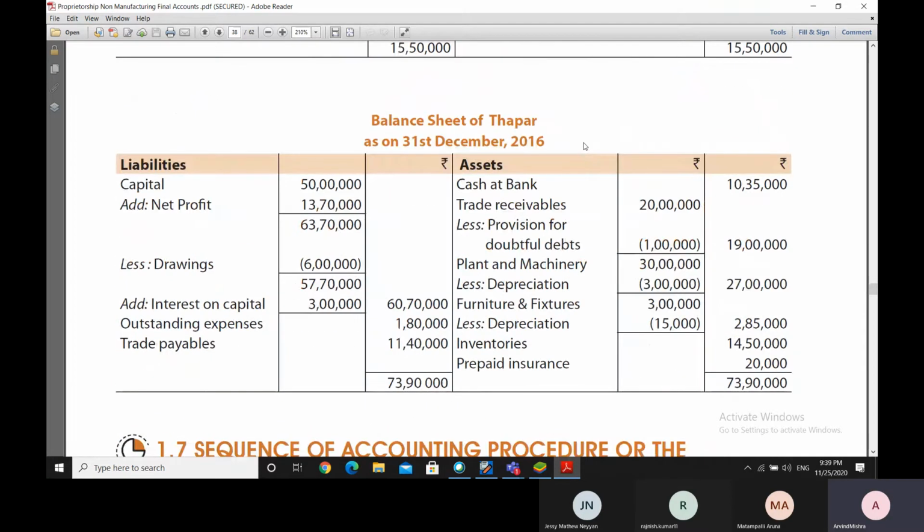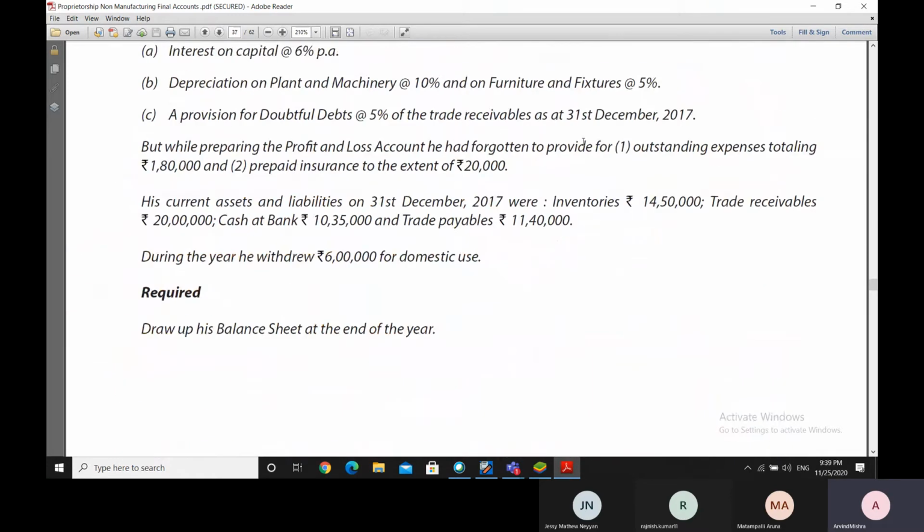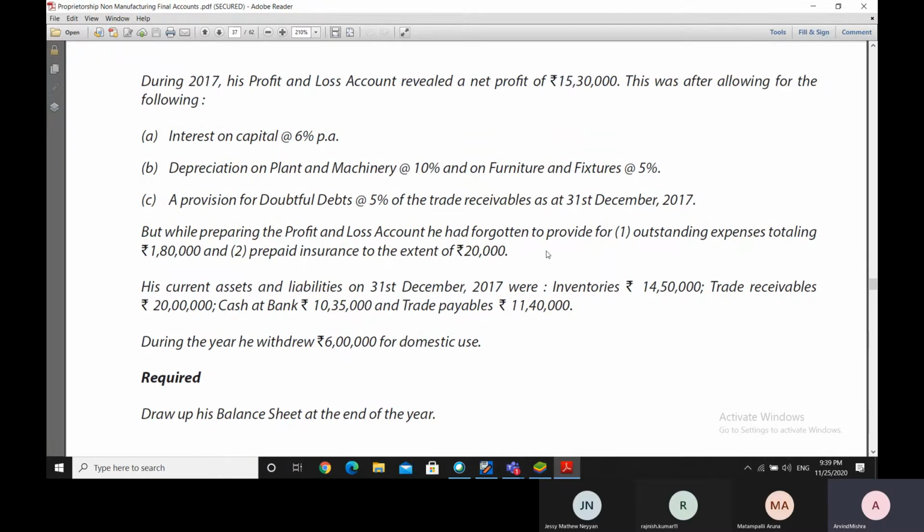So in this way, the balance sheet is prepared, and what is important that is to be mentioned here, that 6 lakh rupees was for domestic use, so it has been treated as a drawing. And we have to understand one thing very, very clearly, that the balances of the expenditure accounts move into the profit and loss account, or they move towards the trading account, and the balances of the income accounts move to the profit and loss account and the trading account, like sales is also moving to the trading account.